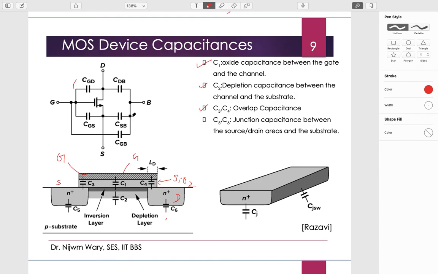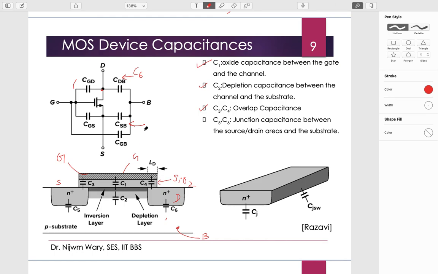Then we have the capacitance from the drain to the bulk. This is the bulk. Because of this reverse bias, C6 will come here, between drain and bulk. And again, from the source and bulk, C5 will come here.